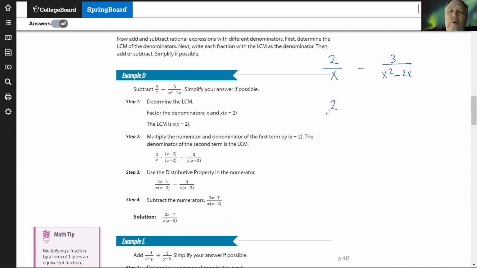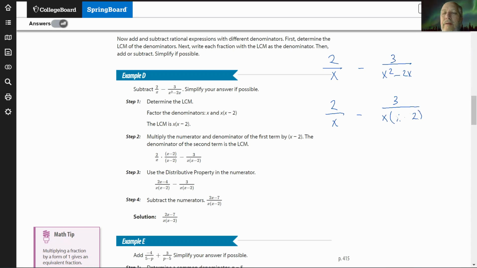So we're going to do it with 2 over x minus 3 over, and I'm just going to leave them together here so we won't get them lost. So I'm going to factor out the x. Then x squared divided by x is just x, and then negative 2x divided by x is negative 2. Now I still have them in the fraction because I think it works better this way.